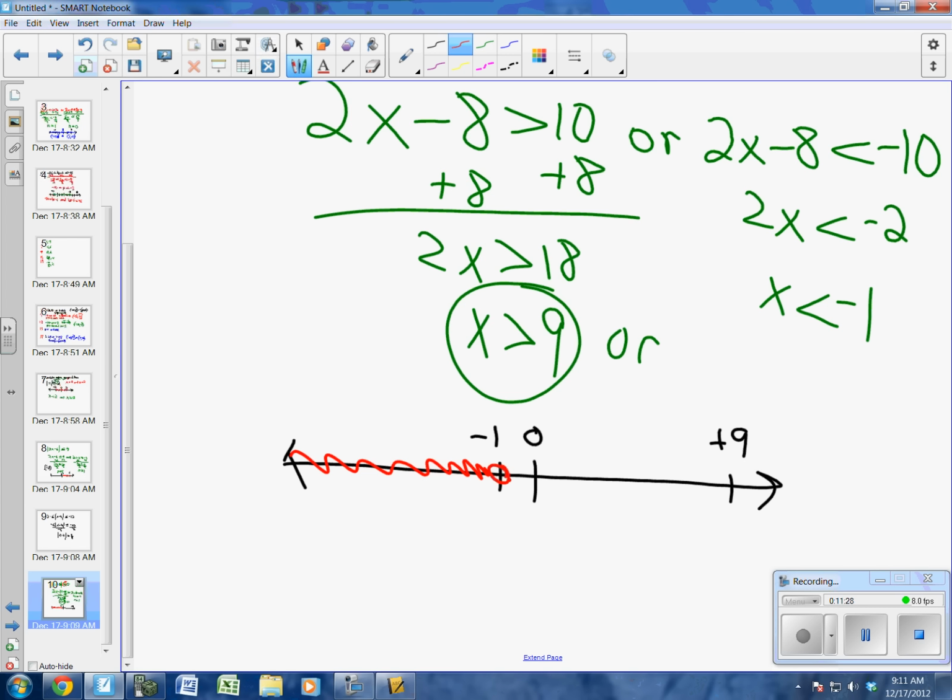Hollow or solid? Which way? Okay, there you go. What are the intervals for this? Negative infinity to negative 1, or 9 to infinity.